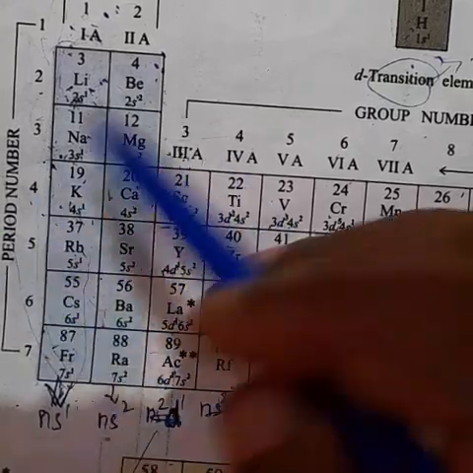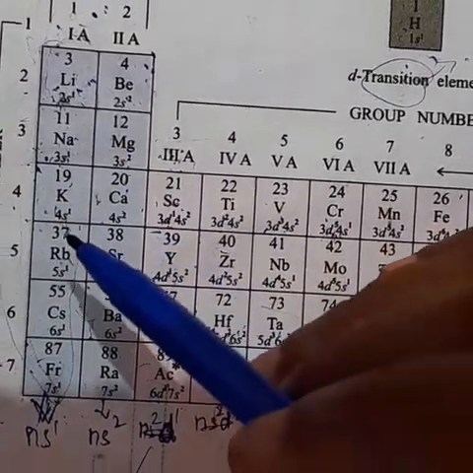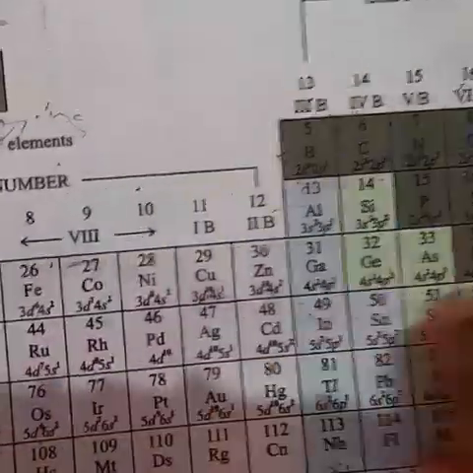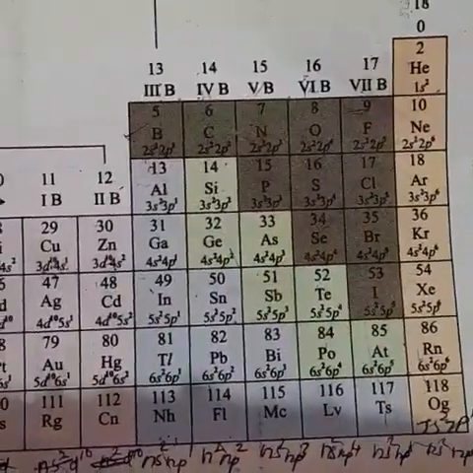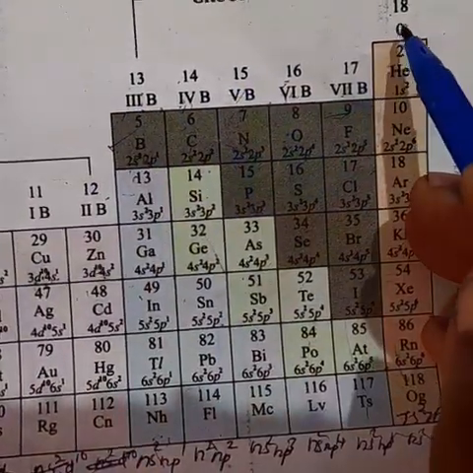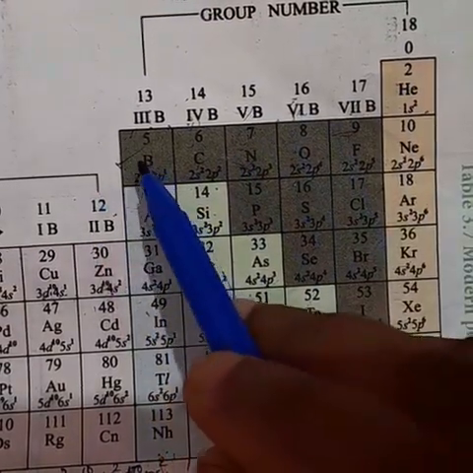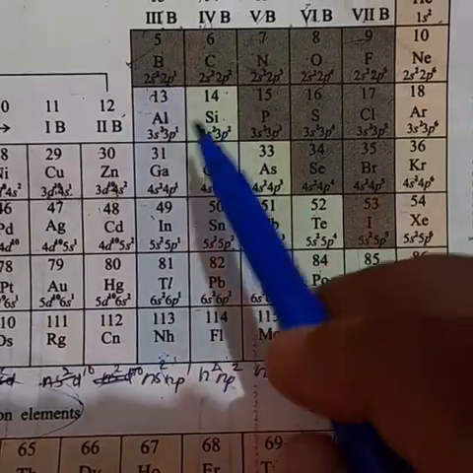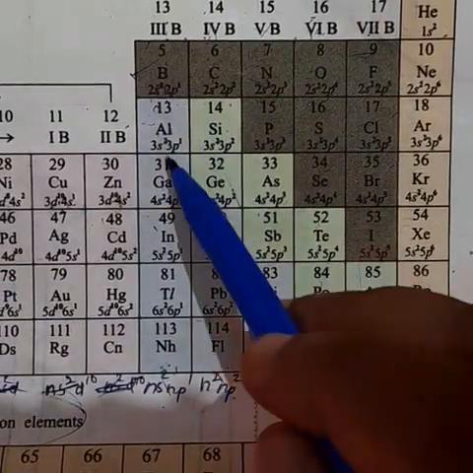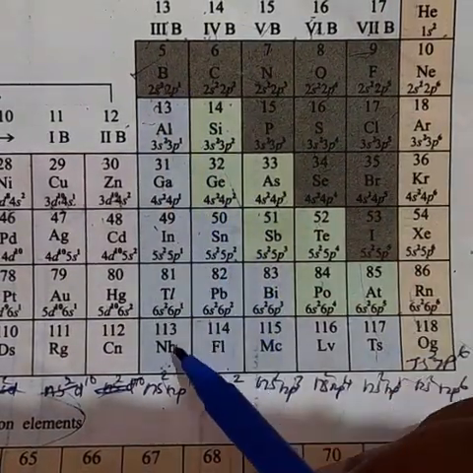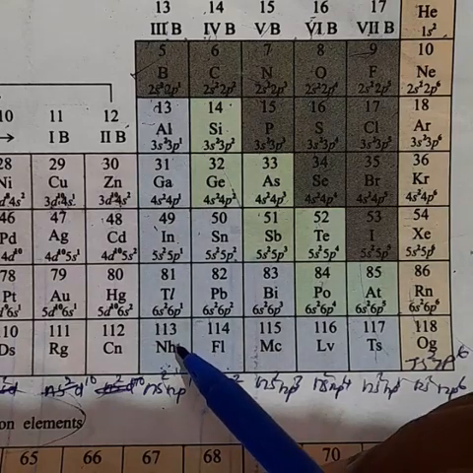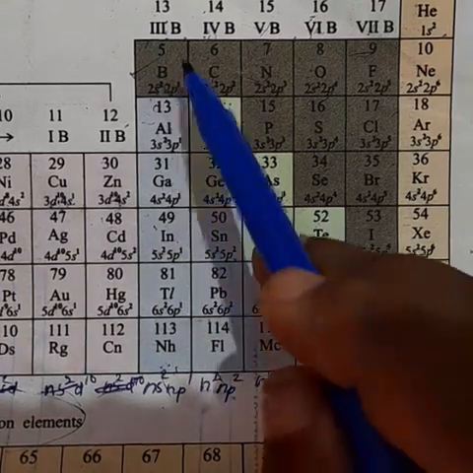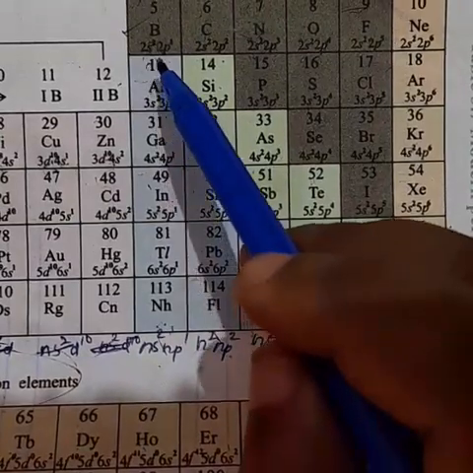Okay, these are the P block elements, otherwise called the representative elements, group 13 to group 18. Group 13 is called the boron family. The elements here are boron, aluminum, gallium, indium, thallium and nihonium. All these elements have the same outer shell electronic configuration.